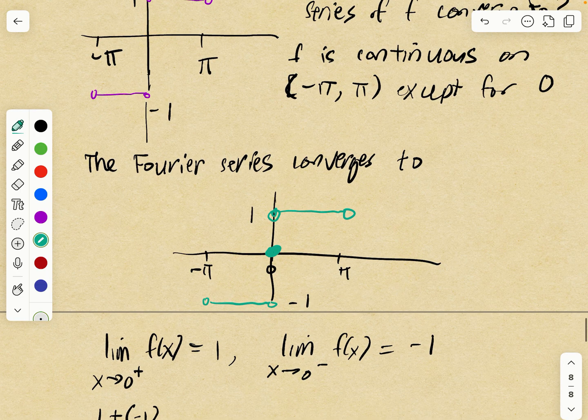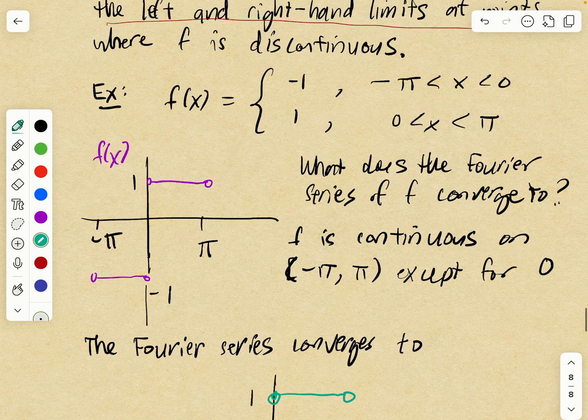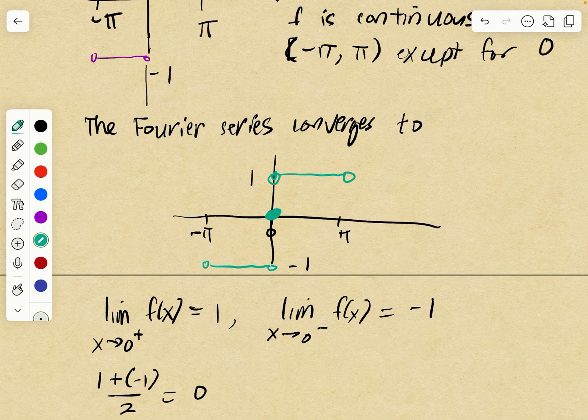Also, the Fourier series is periodic with period 2 pi. So the Fourier series is going to go on forever. The original function f here was only defined from negative pi to pi, but the Fourier series is going to be periodic, and so it's going to repeat forever.